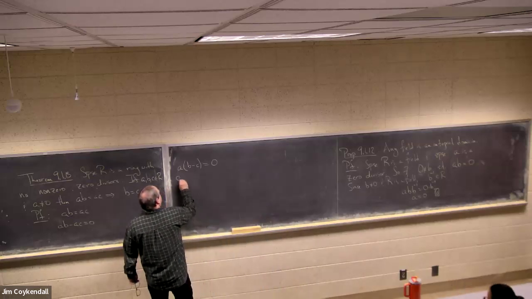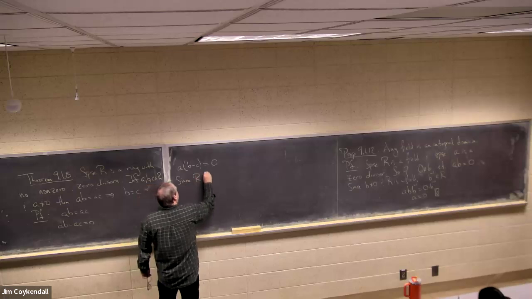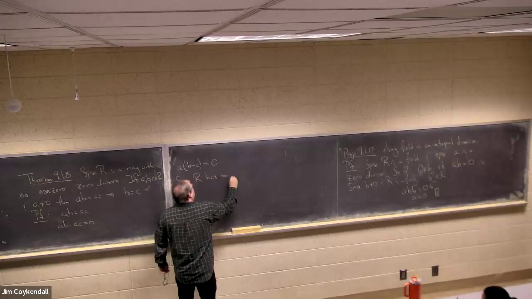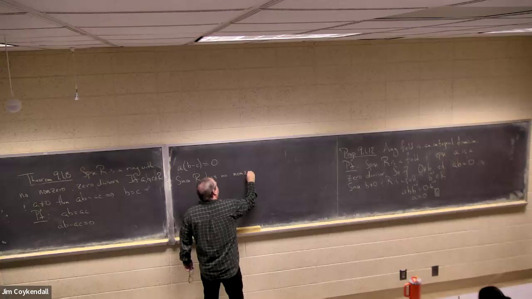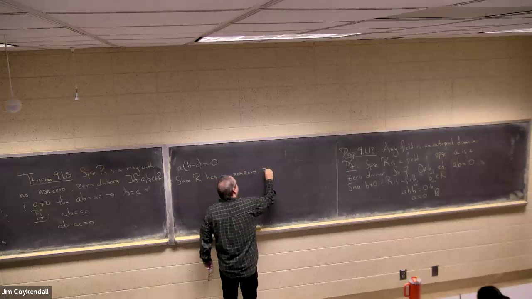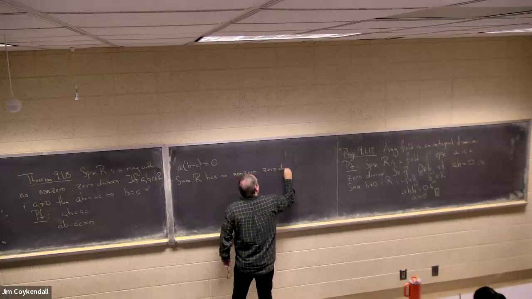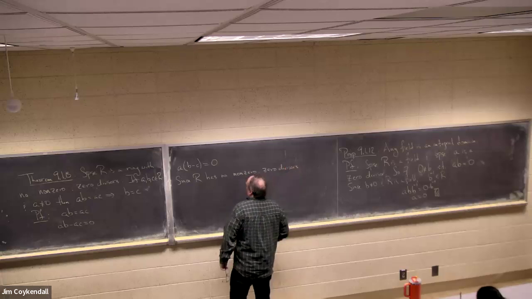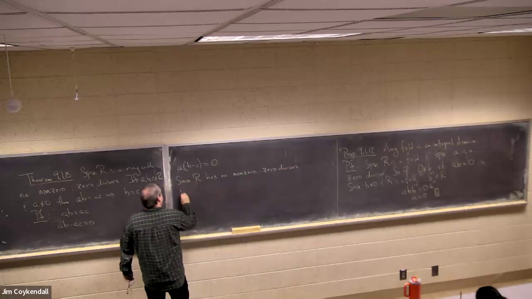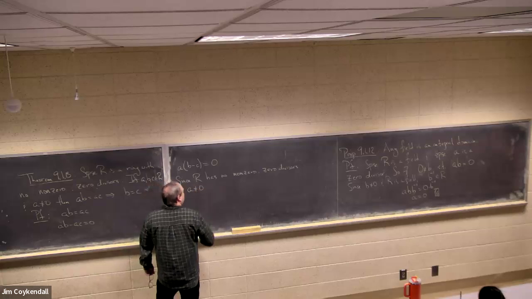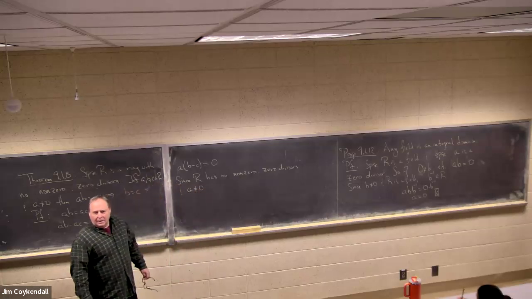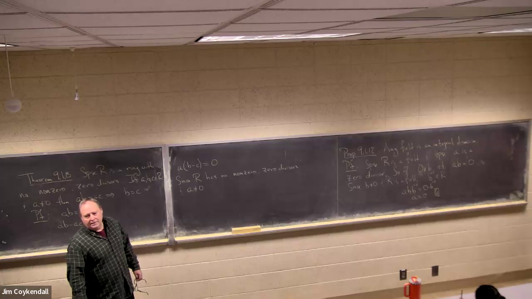So since R has no non-zero zero divisors, and a is not equal to zero, what can we conclude?